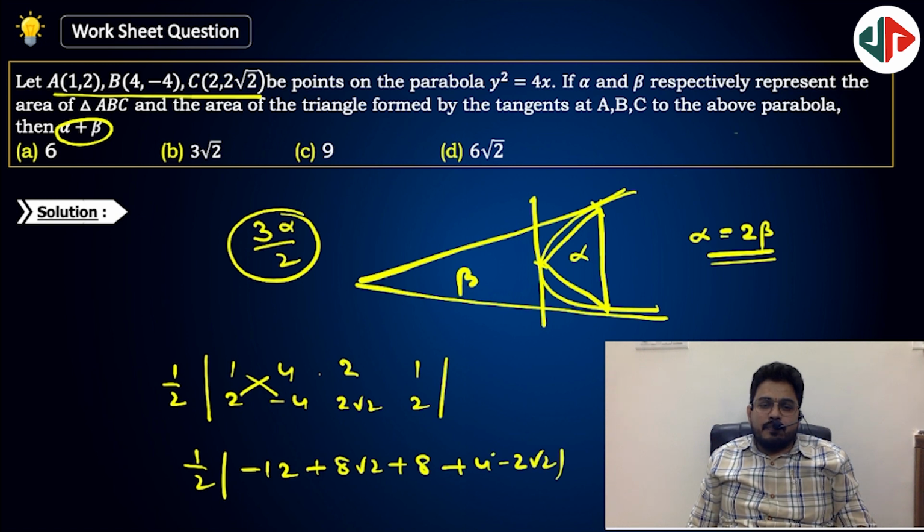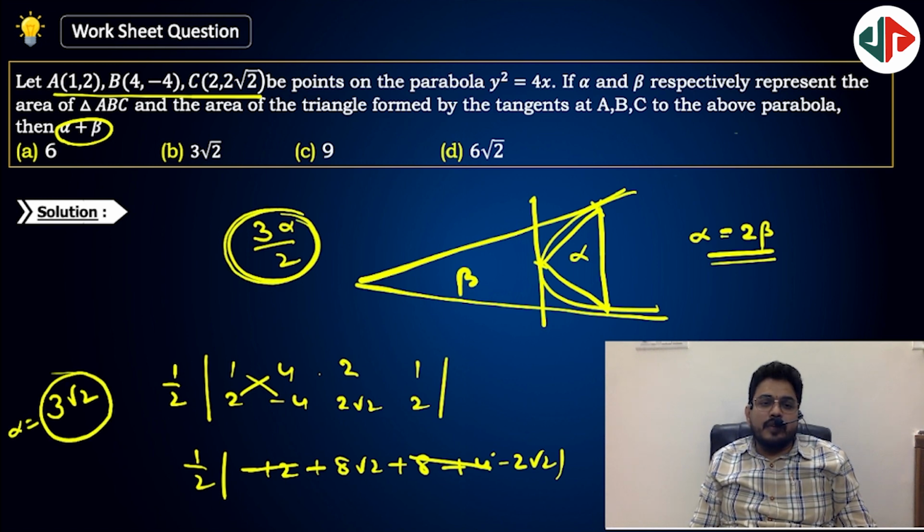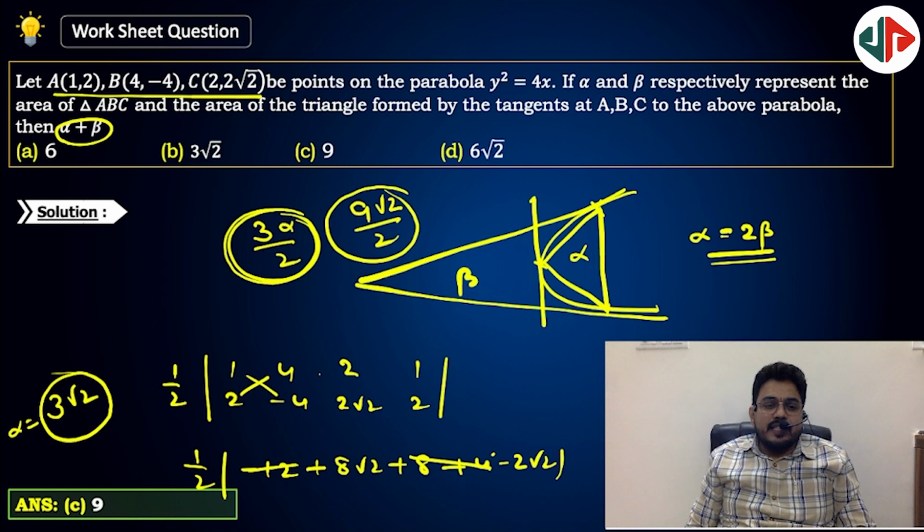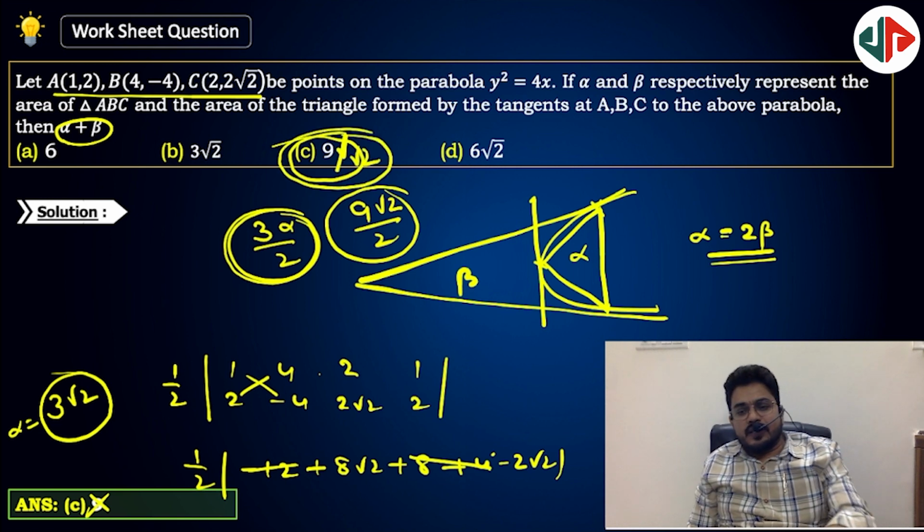This is plus 12, minus 12 cancel. 6√2 means 3√2. Alpha is equal to 3√2. I require 3 alpha by 2, which is 9√2 by 2. Actually, this is somewhere missing. This is not the answer. Okay. So this is 9√2 by 2. So 9 by √2 should be the answer of this question.